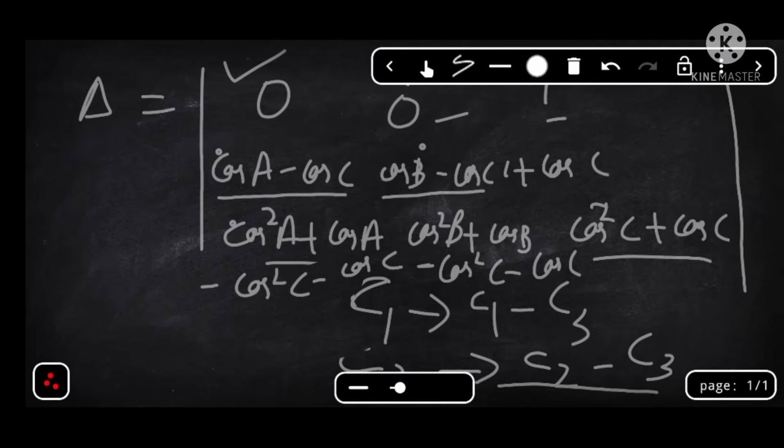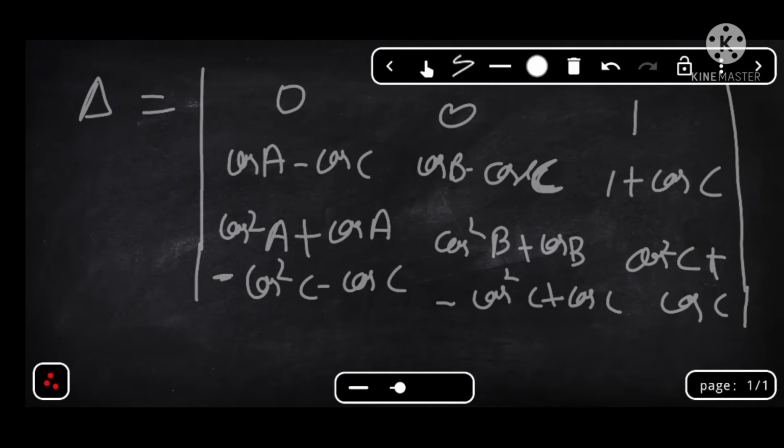So this term also 0. Now we can take cos B minus cos C as common from C2. So let's see if we take cos A minus cos C as common from the first column.